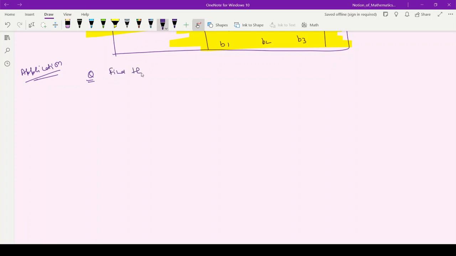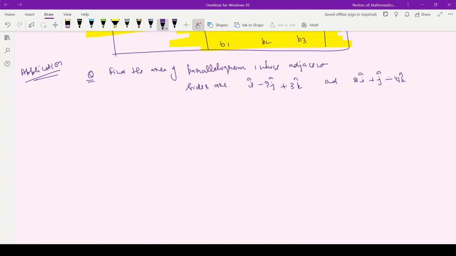Find the area of parallelogram whose adjacent sides are I cap minus 2j cap plus 3k cap and 2I cap plus j cap minus 4k cap.